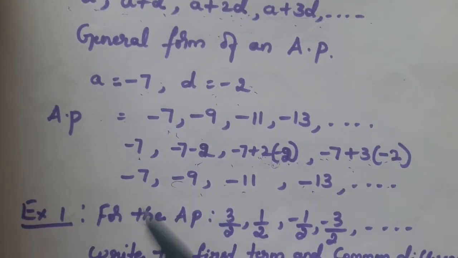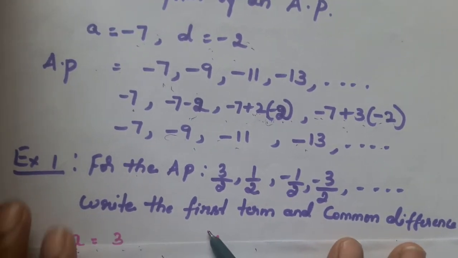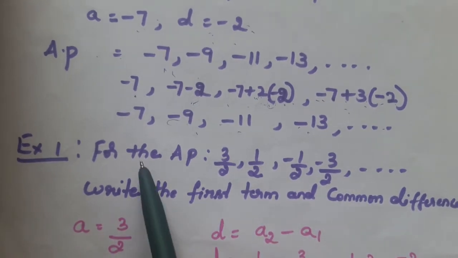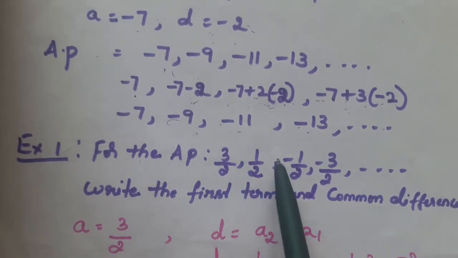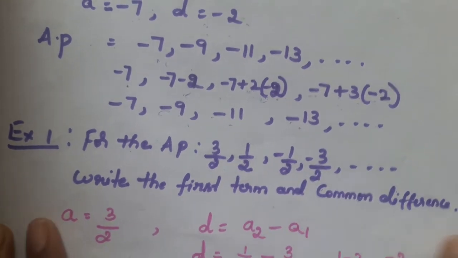Next is an example for the AP. Suppose they have given an AP and you have to write the first term and common difference. How to do this? For the AP 3 by 2, 1 by 2, minus 1 by 2 and minus 3 by 2, etc., write the first term and common difference.